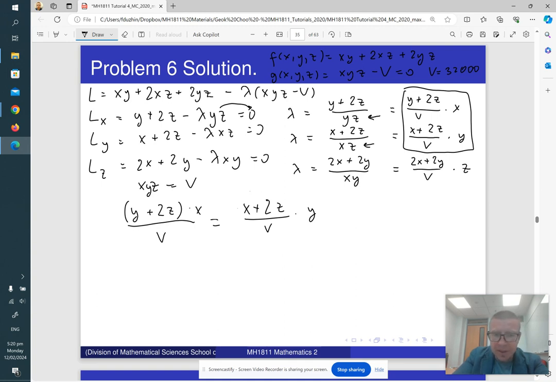Okay, so here I can cancel by v, right? Now I can expand this. Expanding this, I get xy plus 2xz equals xy minus 2yz. Okay, so now I can cancel xy. All right, so nice.